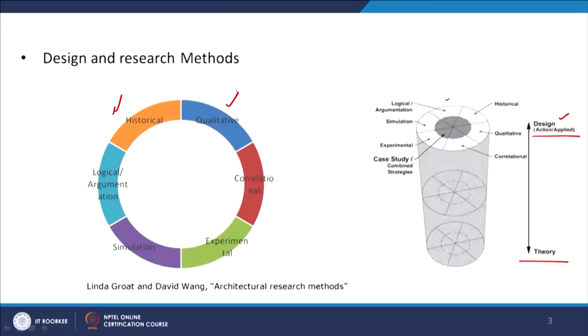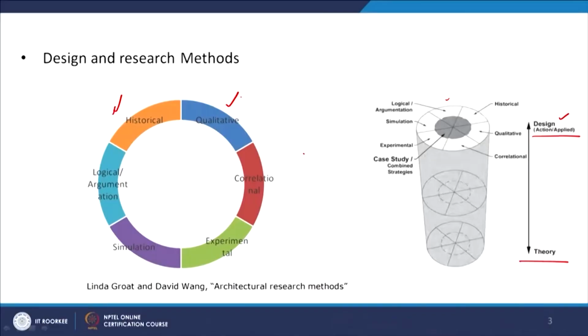Qualitative is another research method. I am terming historical research as qualitative because of the nature of the research. But qualitative is another kind of research technique according to Linda Groat and David Wang, where we try to understand phenomena and user behavior, through phenomenology and ethnography.